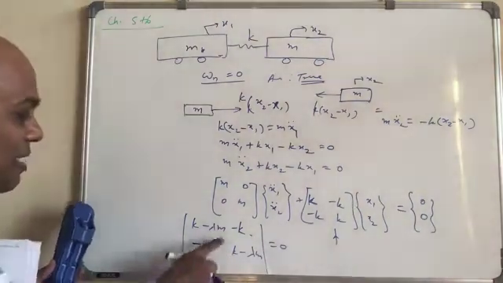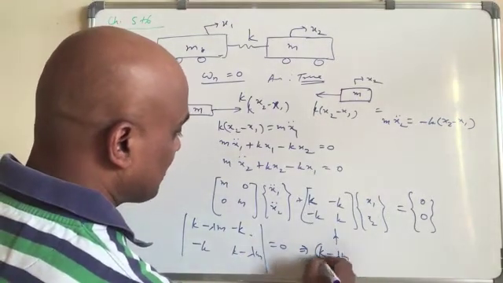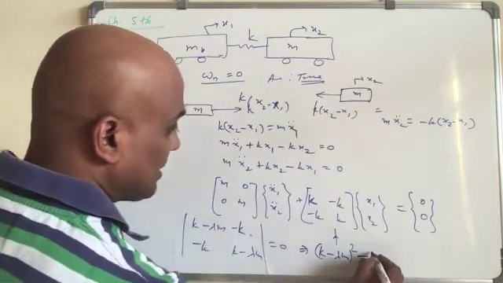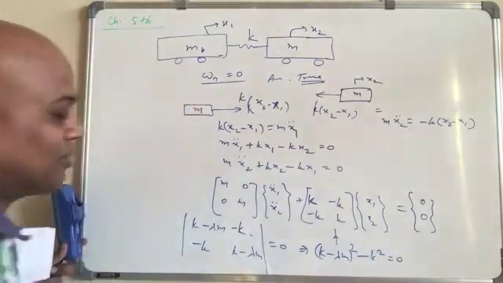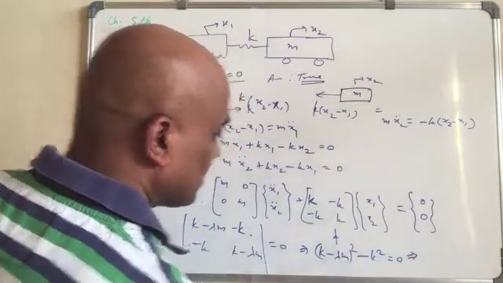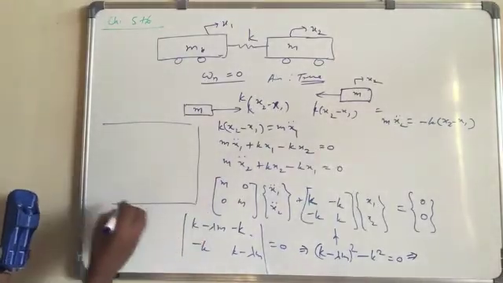So we will find out lambda. What do we get? We get (k minus lambda m) square minus k square equal to 0. And what do we get? We get simply like this here.